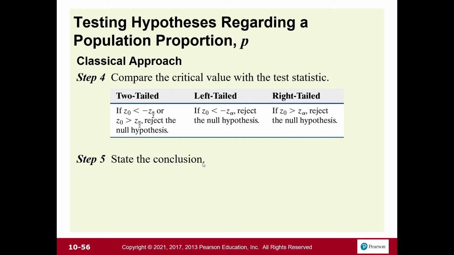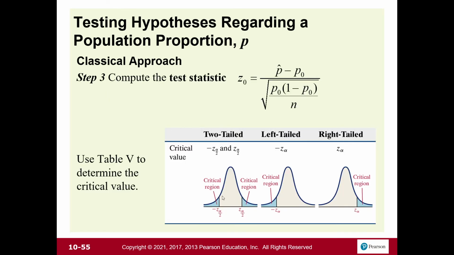So in this case, they're just comparing the critical value with the test statistic. So if the test statistic falls in the critical region, that means it exceeds it to the right or it's lower to the left, and therefore we will reject the null. Basically means our sample evidence is statistically significant.